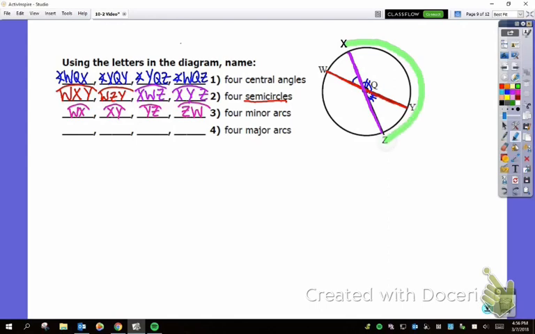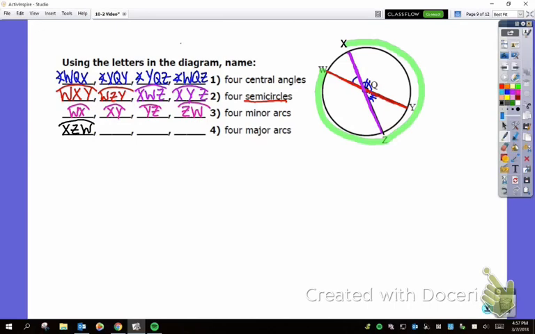So to make it major, we have to go past it and end at W. Okay, now in the last video I talked about how I like to name using the diameter, so I'm going to continue doing that. Okay, so we have XZ, and we ended at W, so we would have XZW.